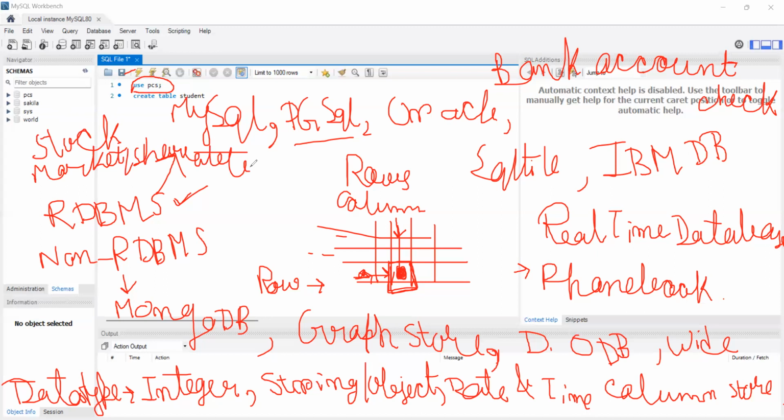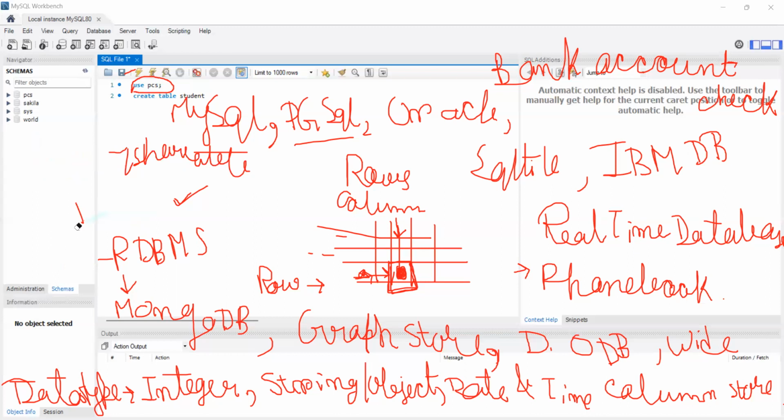Bank account data, stock market account data, then the phone book data. In that way, if you look very carefully at where the database is related to our daily life, you can find that these are all real-time databases. Okay. So these are the things. Clear everyone until now? Yes, sir. Okay.